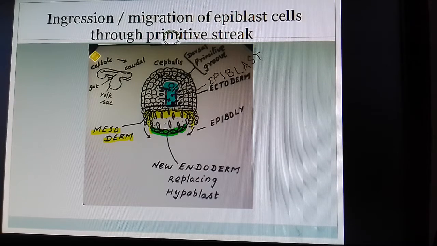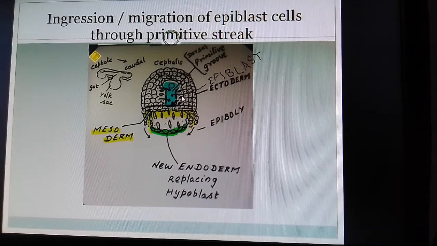That way the mesodermal derivatives will be moving towards anterior, lateral and later towards the caudal region also. And the endodermal cells also will start moving towards anterior and posterior to form the gut and the related secretory glands.